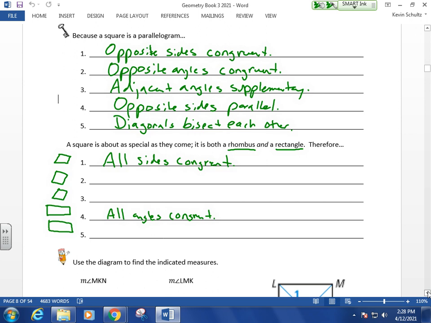What else? What are the 2 things that are special about a rhombus's diagonals? Evan? They bisect each pair of opposite angles. I should say diagonals bisect. Yes, the diagonals bisect each pair of opposite angles.